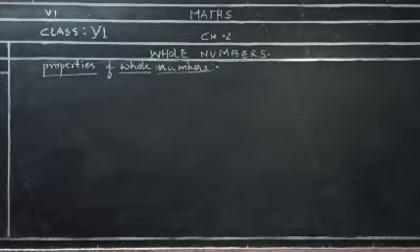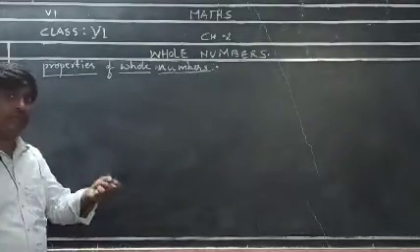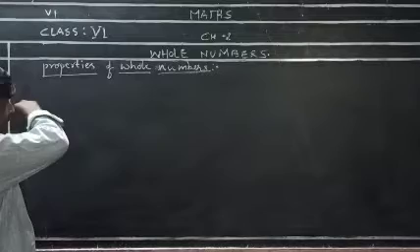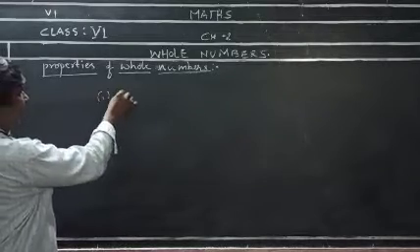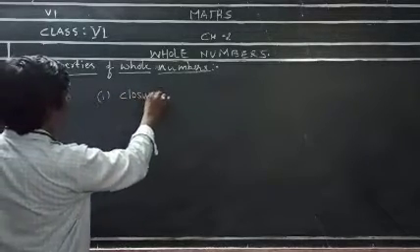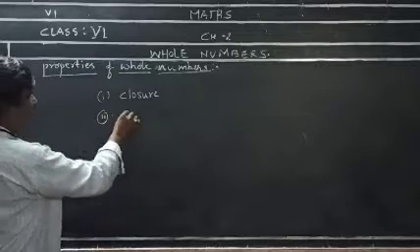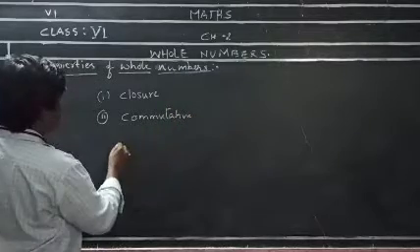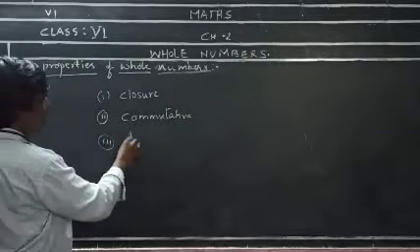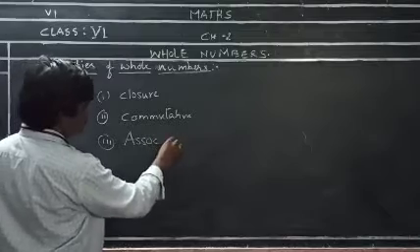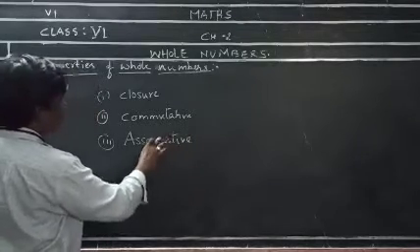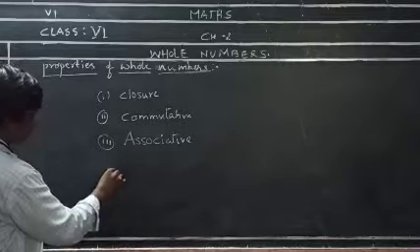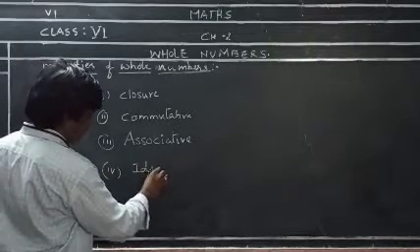Let us learn properties of whole numbers. Actually, what properties are involved in the numbers? Generally, there are properties like closure property, commutative property, associative property, identity property.